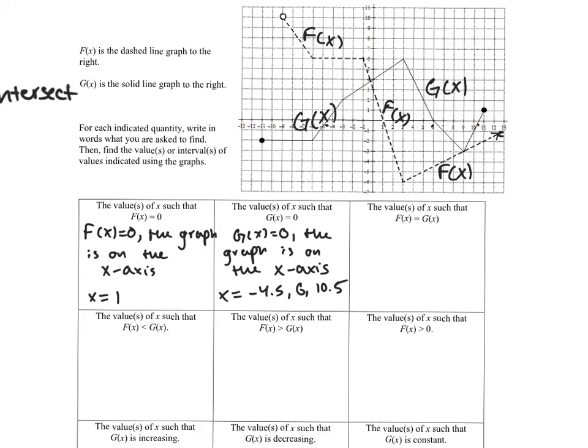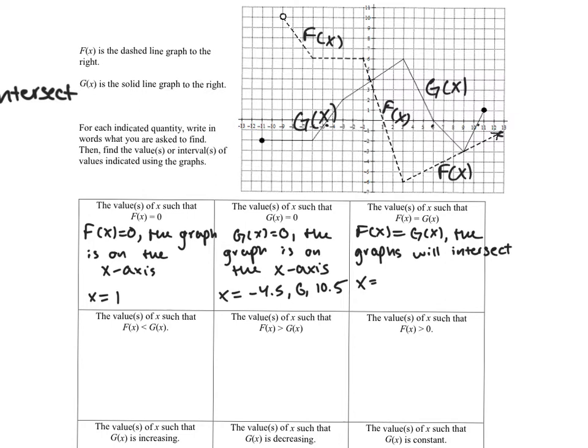And then the values of x such that f of x is equal to g of x. If f of x is equal to g of x, then the graphs of both f of x and g of x will intersect, and they intersect at 2 points.